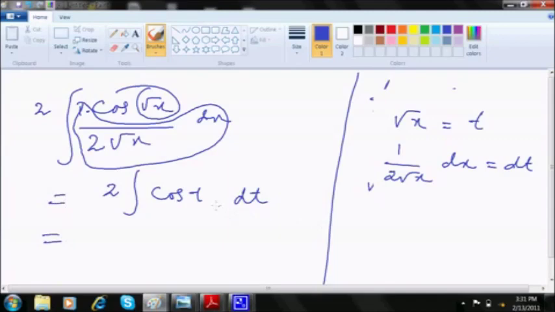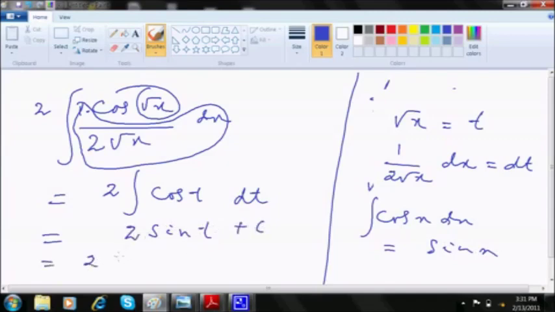So cos t dt is the same as that of cos x dx. So integration of cos x is sin x. So integration of cos t is sin t. There is a 2 here plus c. Finally, you can write t, which I have taken as root x, plus c, or from here you can write where t equals root x.